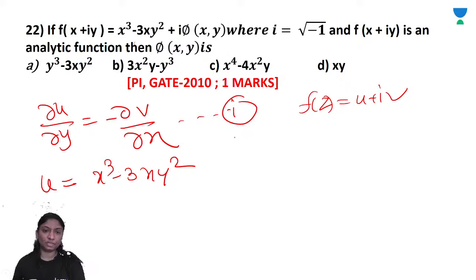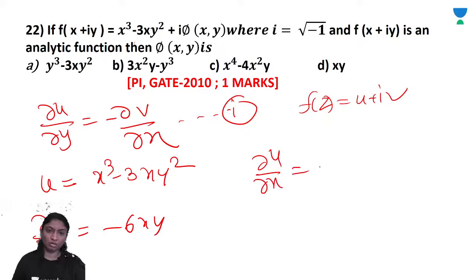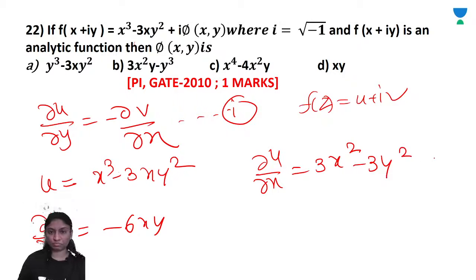Comparing with this, u is equal to this. Calculate du/dy, which is minus 6xy, and du/dx. So what is equation 2? Equation 3.